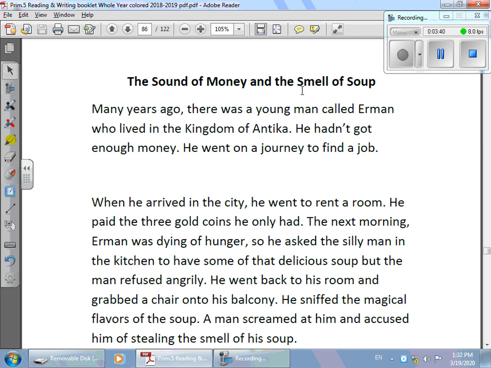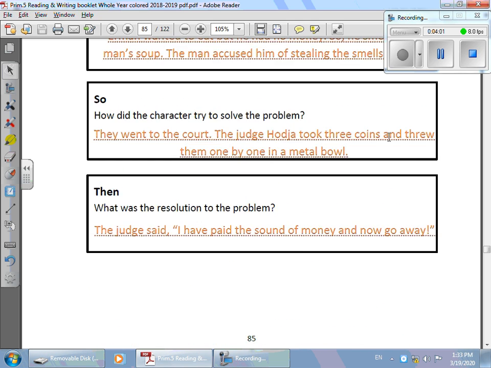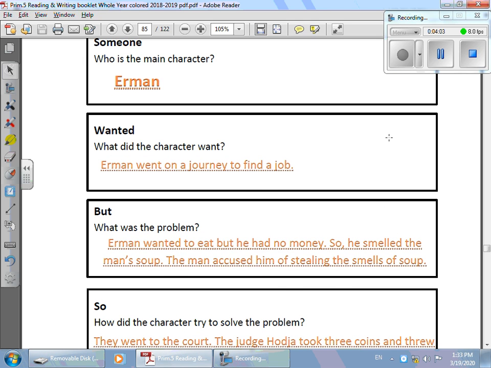The sound of money and the smell of soup. Many years ago, there was a young man called Erman who lived in the kingdom of Antica. He hadn't got enough money. He went on a journey to find a job. So here in this paragraph, you said who is the main character and you introduced him.